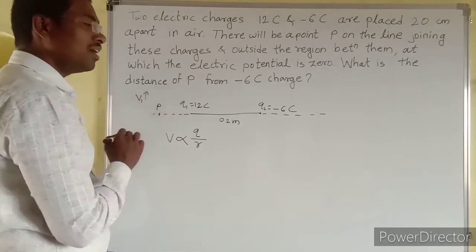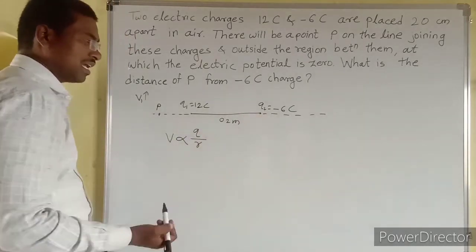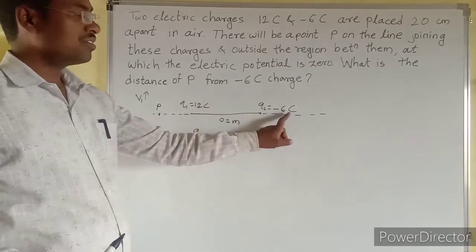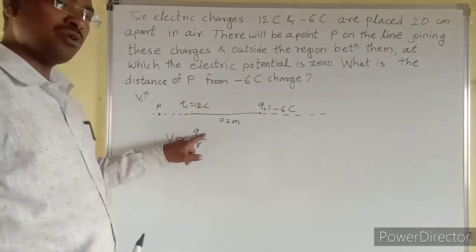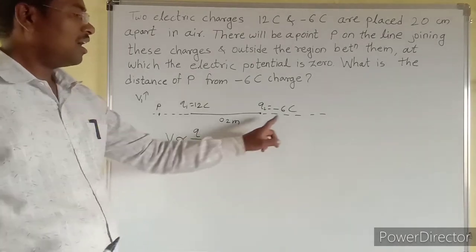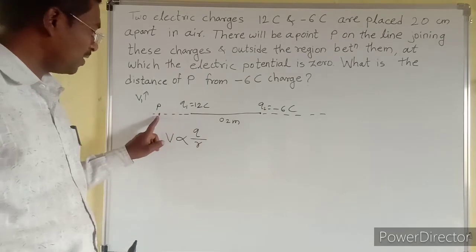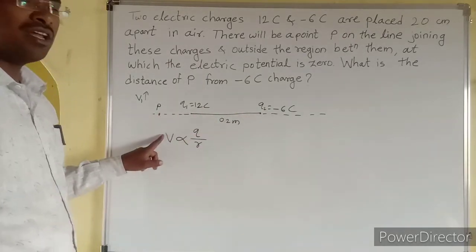Therefore, potential due to this Q1 charge, V1, is large. The magnitude of the Q2 charge as compared to Q1 is small, therefore its potential is small, and the distance R from Q2 to P increases, meaning potential decreases.